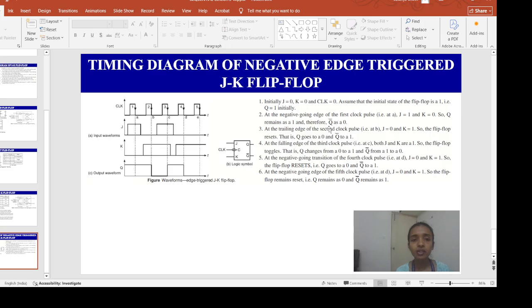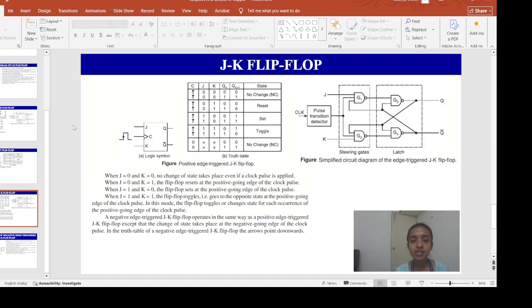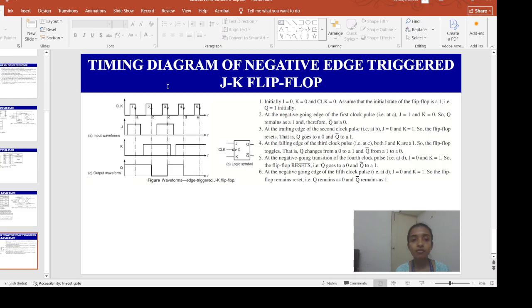Now we will see the timing diagram. Previously we have seen the positive edge triggered JK flip-flop. Now if we see the timing diagram of a negative edge triggered JK flip-flop, this is the clock signal, this is the state of J, this is the state of K, and this is your output. You can notice here we are applying a negative edge triggered clock signal. That means your flip-flop will get triggered whenever a negative edge of the clock signal appears.